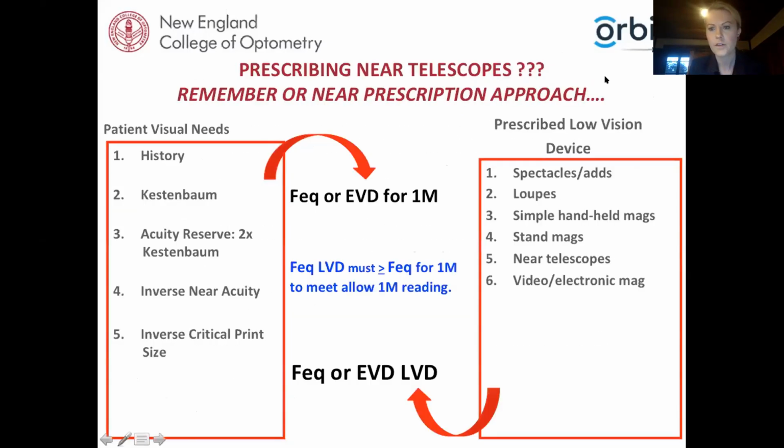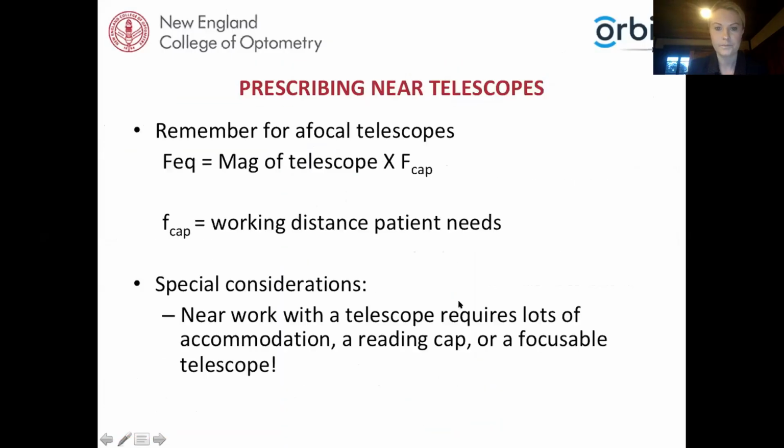For a near telescope system, we do have to consider this same FEQ equation, in that the demand for the near task, or estimated demand, has to be comparable or slightly less than the equivalent power of the device for our telescope.